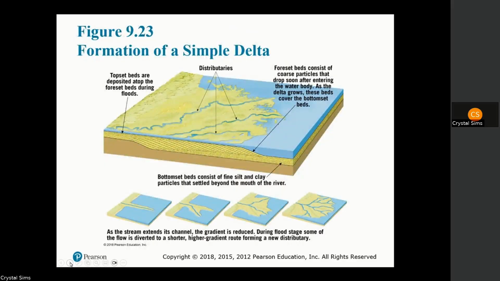And we can get different patterns, as you saw in the video. The stream, especially something like the Mississippi River, is going to find the path of least resistance. And that's why he mentioned in the video that one of these days, the Mississippi River is actually going to start flowing to the Gulf through the Atchafalaya River.